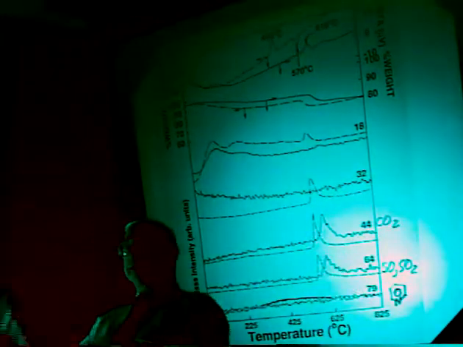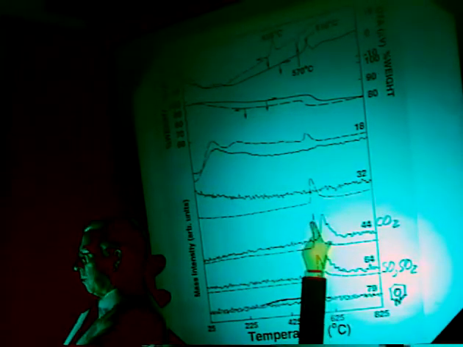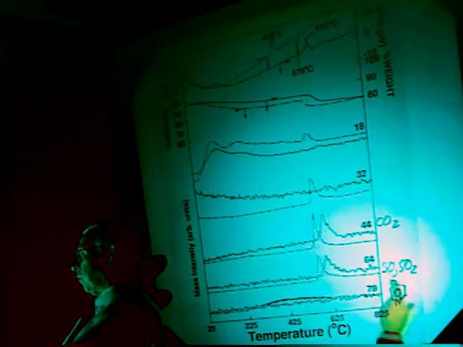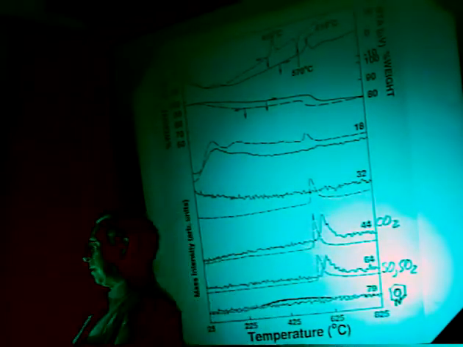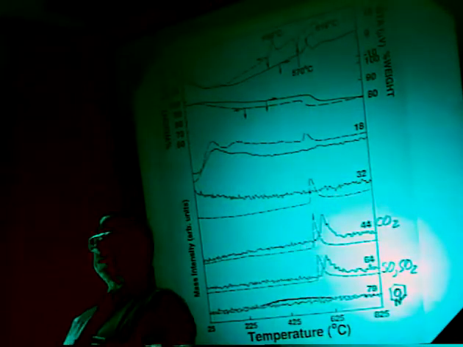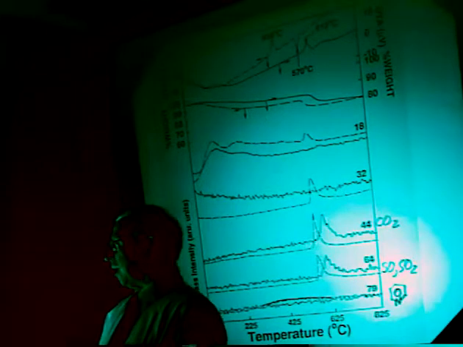It is not decomposition of the salt, but oxidation reduction. We form CO2 and we form SO2. So rather than have what pyridine is left come off as pyridine, it undergoes oxidation reduction.